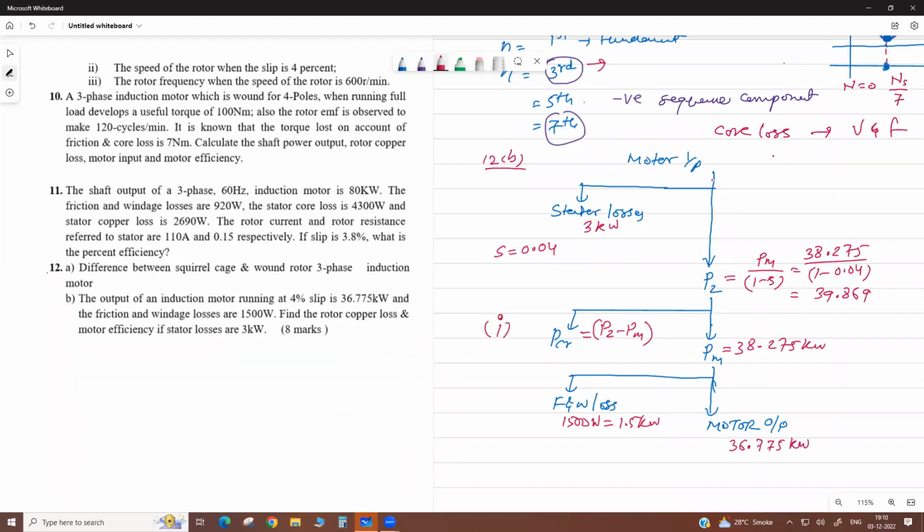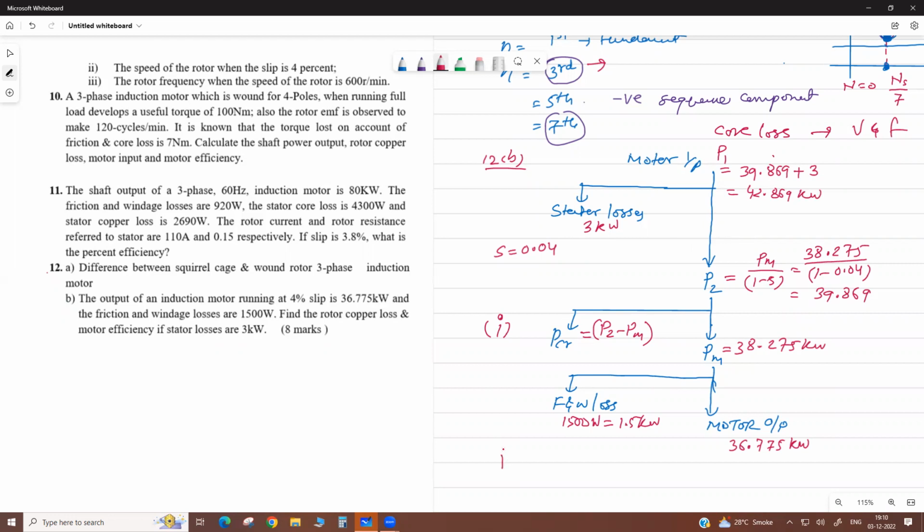Then you come to efficiency. We calculate motor input P1. It is 39.869 plus 3 kilowatt, so we get 42.869 kilowatt.